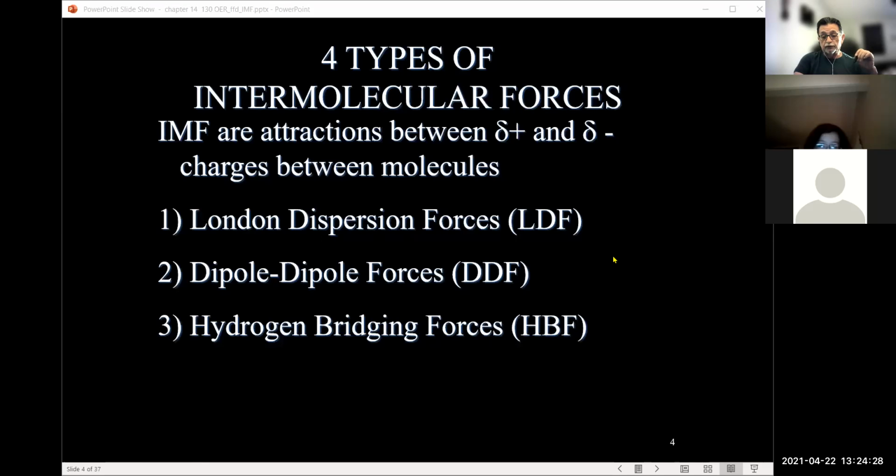It's a little bit stronger, and we call that hydrogen bridging force. The old terminology used to be hydrogen bonding. They're trying to get away from calling it hydrogen bonding because it's not a bond, okay? It's an interaction between molecules due to their dipole.